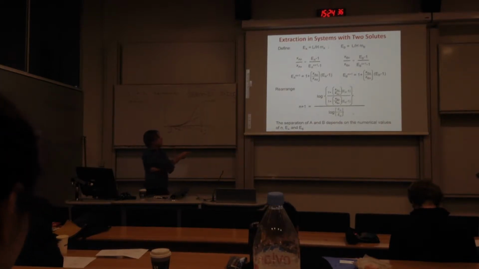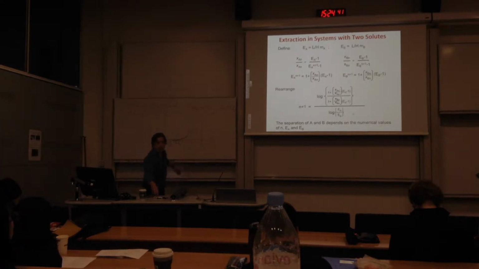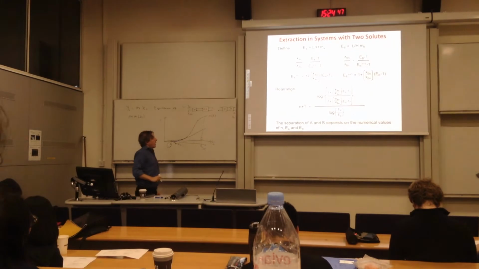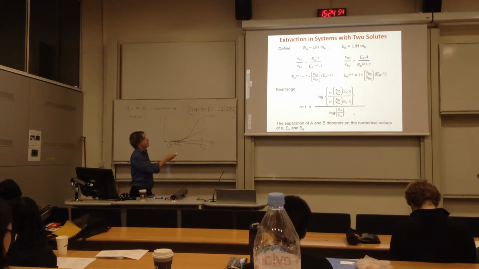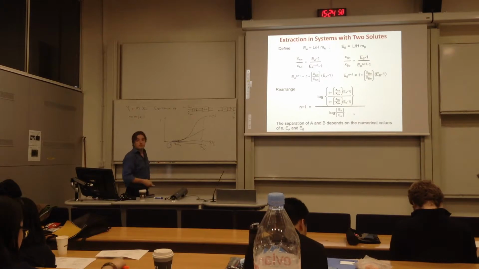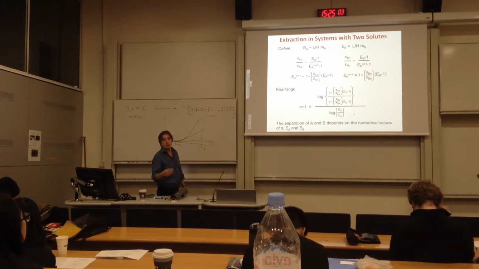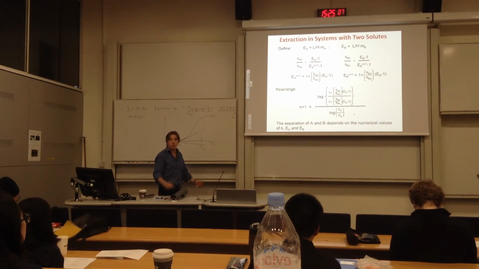So this is the loss of A, the A that is still in the system that was not extracted at this point, as a fraction of the initial A. So you can have, say, 1% of the A left. Similarly for B. So again, you want the loss of A to be small, and you want the loss of B to be a large number, according to what we discussed earlier.